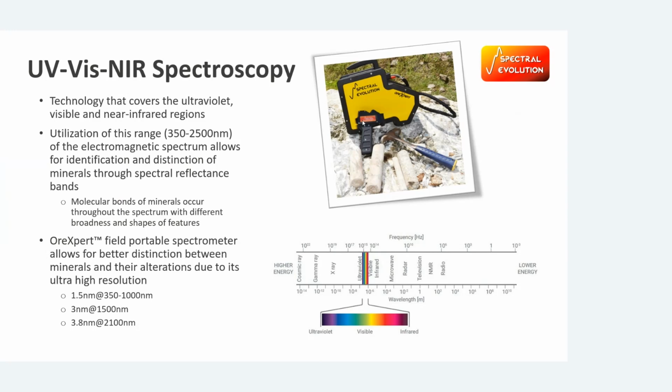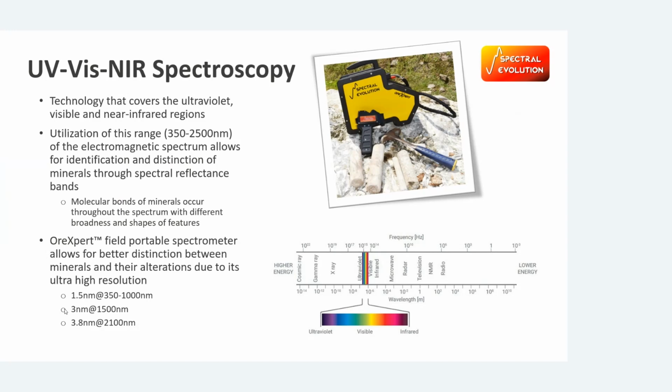So the ORExpert, the reason why we use this is because of the ultra high resolution, which you get at 1.5 between 350 and 1000 nanometers, and you get 3 and 3.8 in SWIR 1 and SWIR 2. This is going to give you about double the resolution than you would get with a standard spectral resolution instrument like the ORExpress, or some of you might have used the Halo or the TerraSpec before.